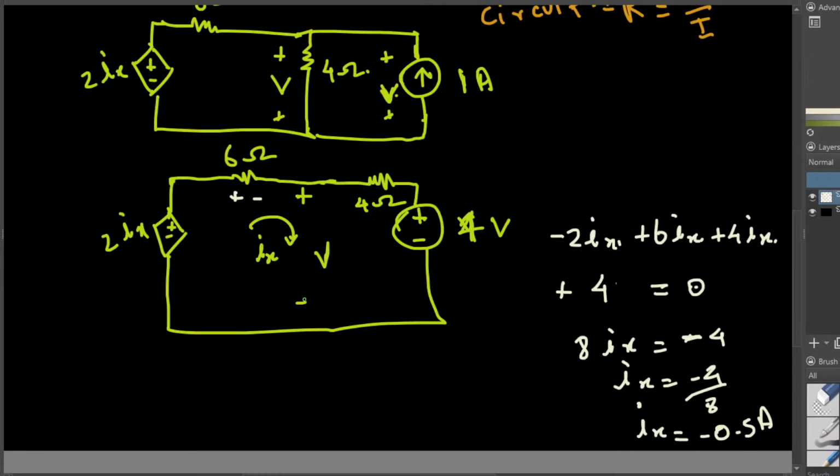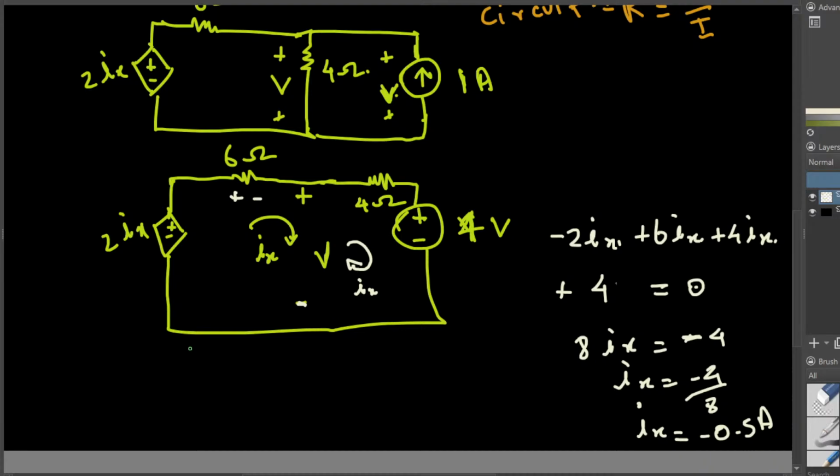So to find out the voltage, what I can do is look at this one as if you are connecting a meter across here and taking a small loop like this. And if you do that and apply KVL, let's take this one as Ix again, clockwise.